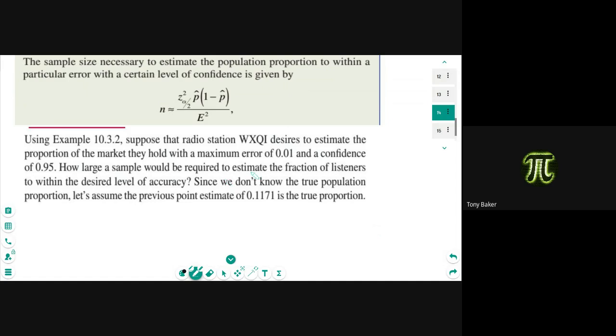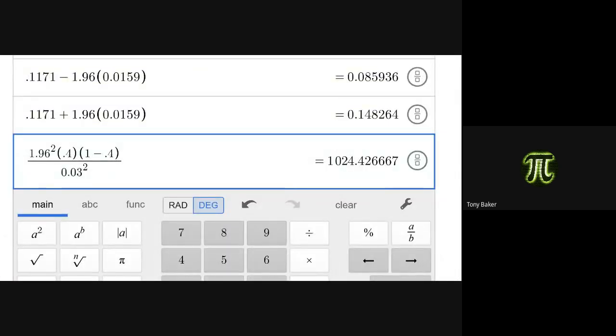The radio station wants to have an error of 1%, with a confidence interval of 95%. And we already know the proportion is 0.1171 because we just did this problem. So we would go back to our Desmos. That stays. This goes to 1%.